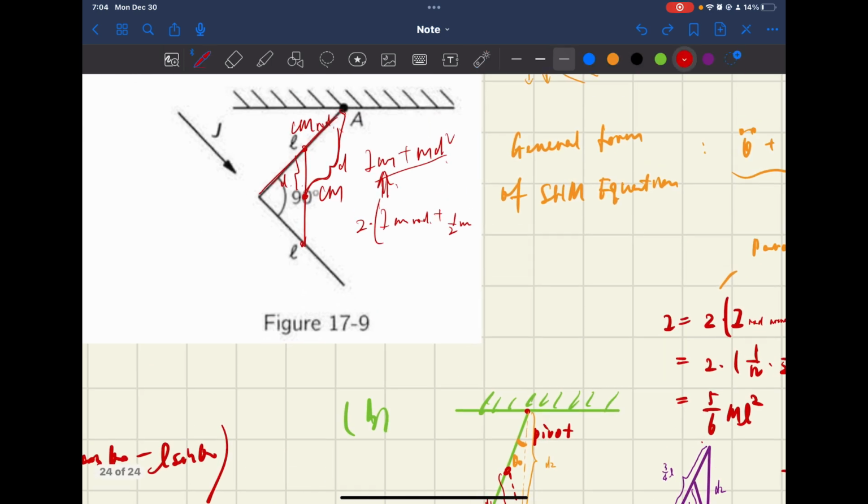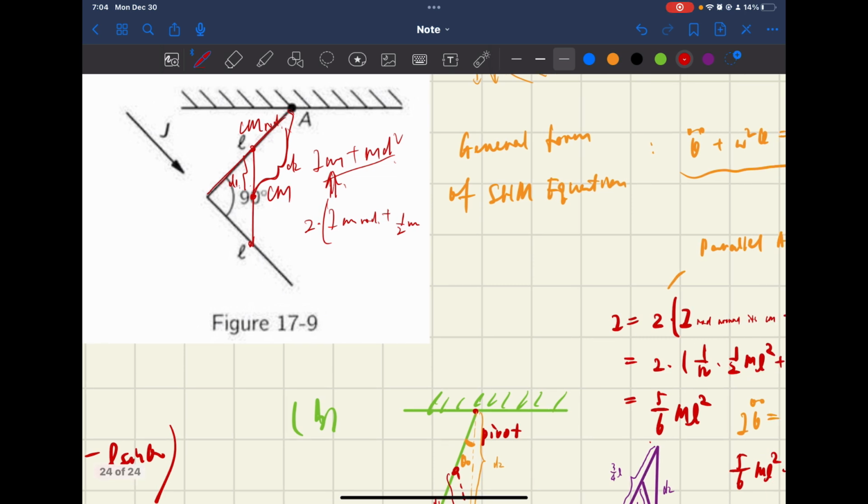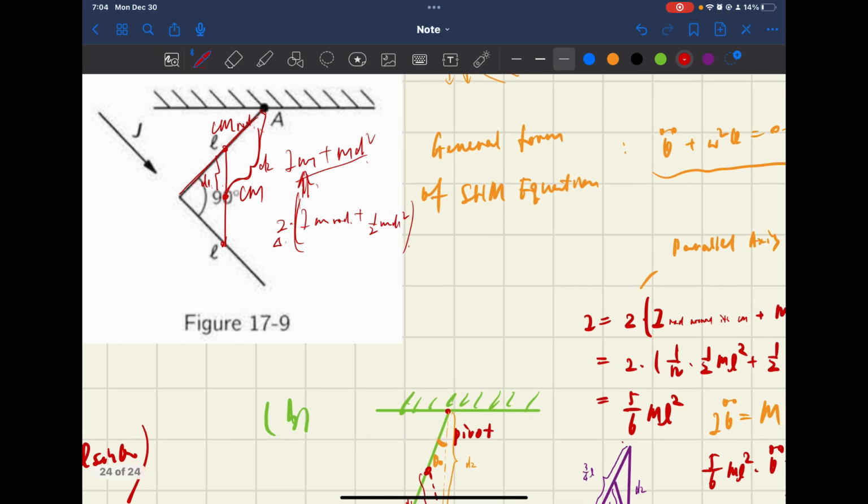Now we add 1/2 times m, because this is the mass for a single rod, and the coefficient 2, because we have two rods here, is at the front. Here's a bracket, and 1/2 m times d1 squared. Okay, so this is the I_CM, and after calculating the I_CM, we add the total mass times d2 squared.